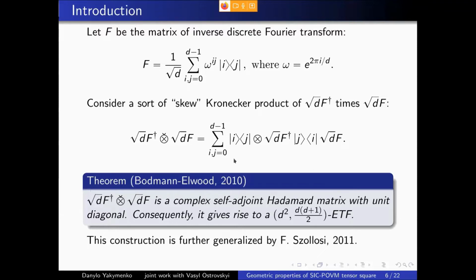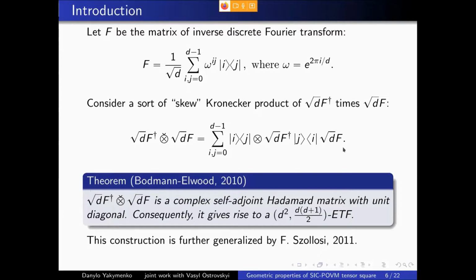And in the block IJ, we put this matrix, and this part is that we take j's column of this matrix and multiply it by i's row of this matrix.